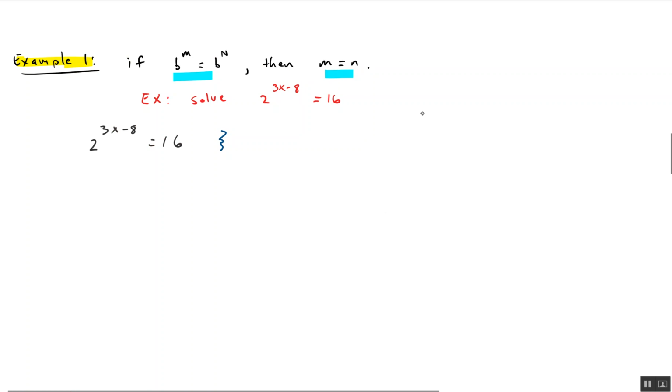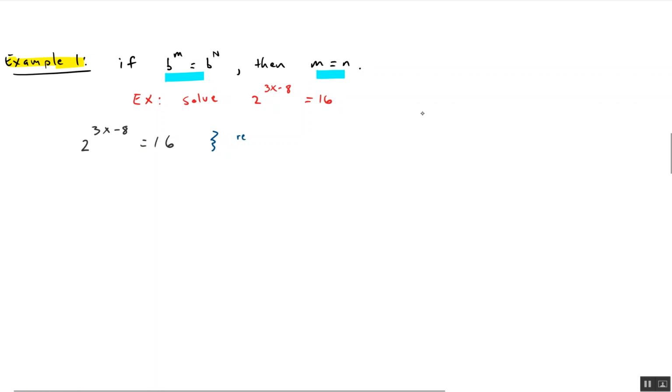Sometimes we have to rewrite the problem to make it fit the rule. That's a very classic method of approaching a problem: you rewrite the problem so that it fits a rule that you want to use. Rewrite to make it fit the rule.